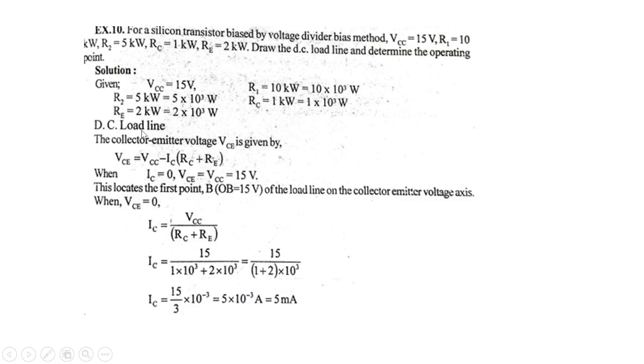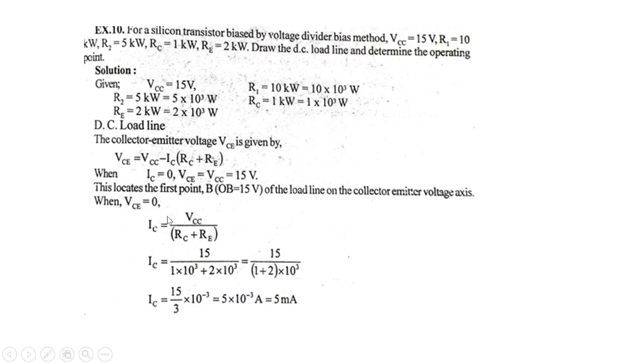Now DC load line, the collector emitter voltage VC is given by VC equal to VCC minus IC into RC plus RE. So here when IC equal to 0, VC equal to VCC equal to 15 volts. So dislocate the point B, OB equal to 15 volt of the load line on the collector emitter voltage axis.